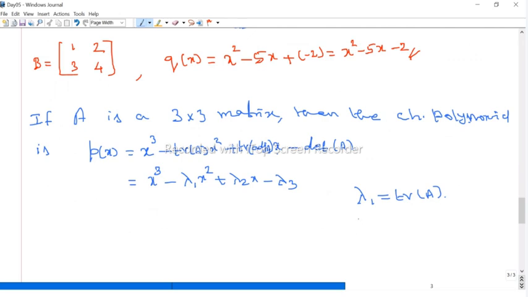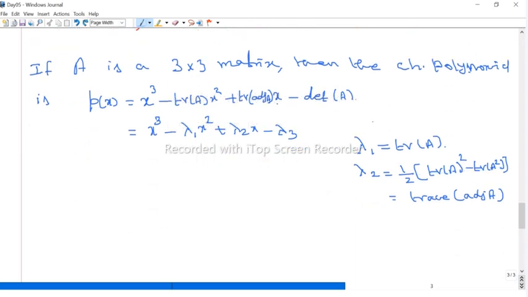Another way of saying it, lambda 2 is 1 by 2 times the quantity trace of A squared minus trace of A squared. Otherwise, you can say trace of the adjoint of A. So better we take this one, otherwise if you want, you can take the other. Lambda 2 is the trace of the adjoint of A, that number. And lambda 3 is nothing but the determinant of the matrix.